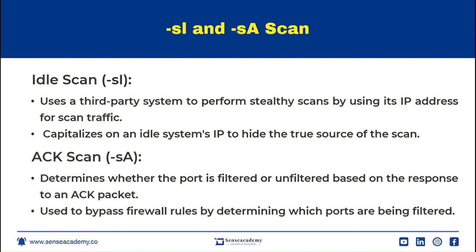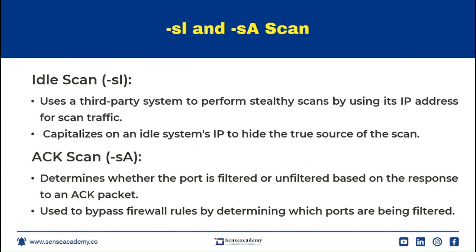Now let's talk about the acknowledgement scan. What is this acknowledgement scan and why do we require it? As you know, networks have very good firewall rules set, whether policy based rules or any other kind of rules. When we talk about acknowledgement, we often get ports in a filtered or unfiltered state.